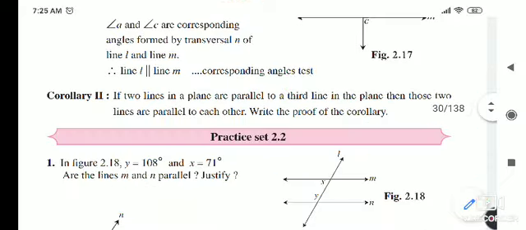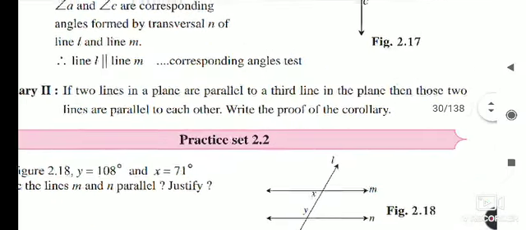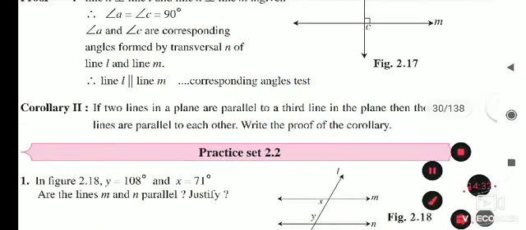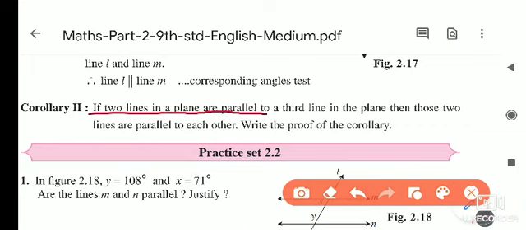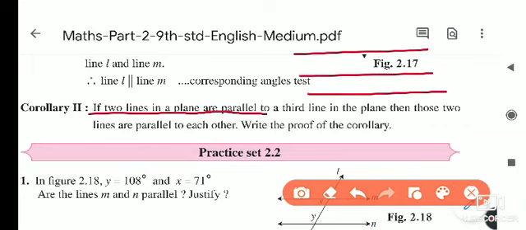Okay, the next point is the second corollary of parallel lines: if two lines in a plane are parallel to a third line in the plane, then those two lines are parallel to each other.